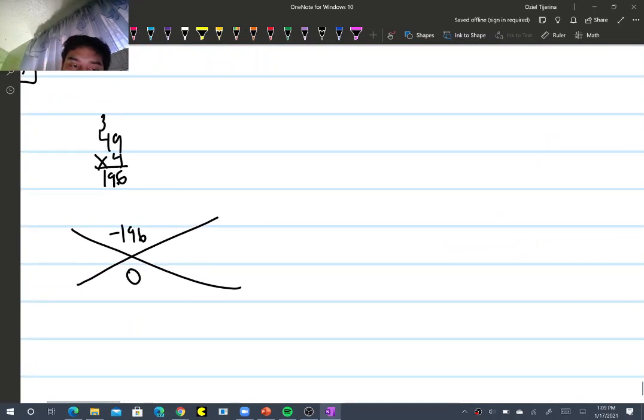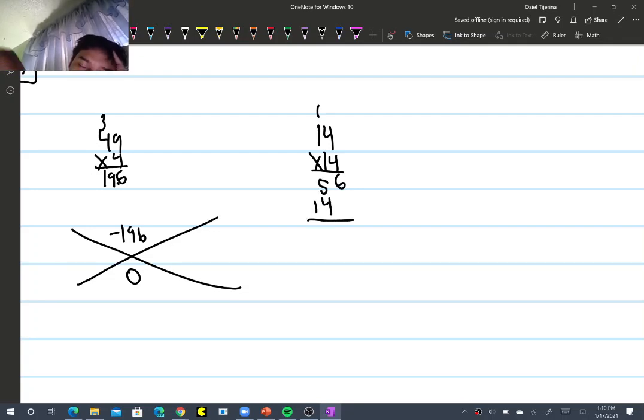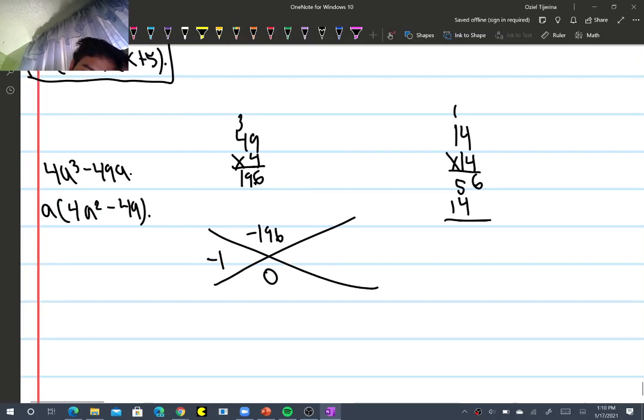Two numbers that multiply to get negative 196 and add to 0. Well, that's negative 13. Is it negative 13 and 13? So let's see. It's 14, excuse me. Negative 14 and 14 it would be.